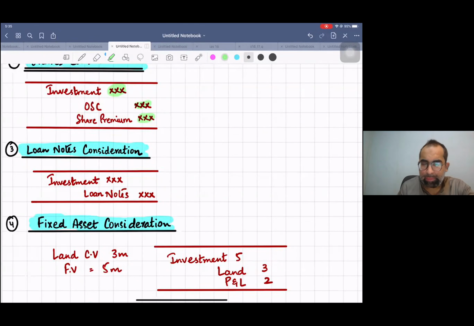So what's the entry? The parent company has just bought the shares of another company, so debit investment, and in return the parent company has issued loan notes. And you studied this in financial instruments, or in your basic F3.